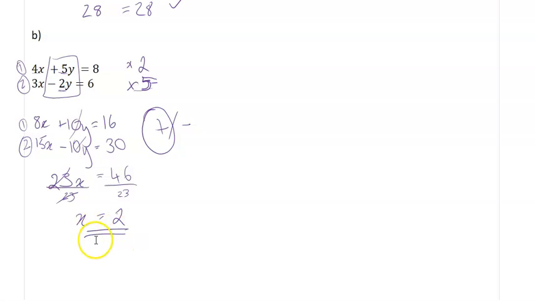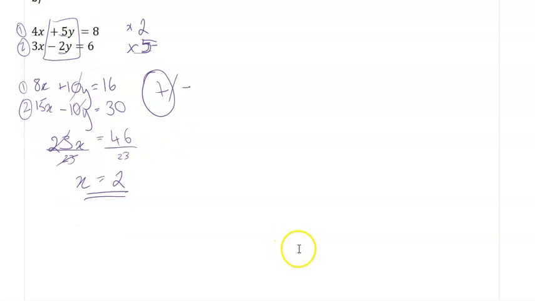Now, when I go to do this next step of substitution, this is where I really need to be clear. Don't use the ones that you converted. Use the original question, because if you maybe made a mistake, then it'll come out here. So I'm going to take it back to 4x plus 5y equals 8.